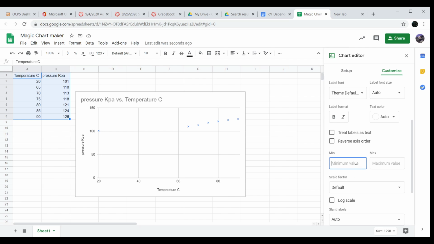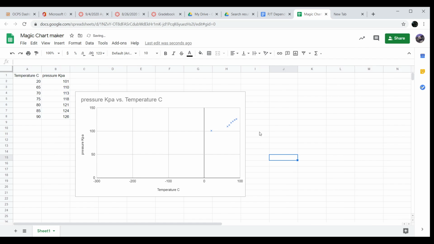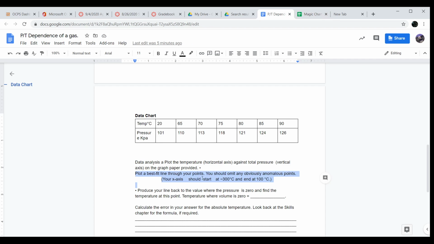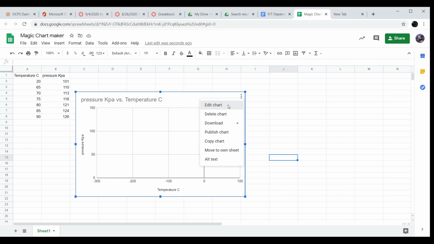We need to change that so that it has a minimum value of negative 300, and our maximum value needs to be 100. We get that specifically from the lab report. This lab report says that we need to have negative 300 and 100. And notice that we're going to be crossing a 0 mark here. If you do click out, you can hit here and then edit chart.